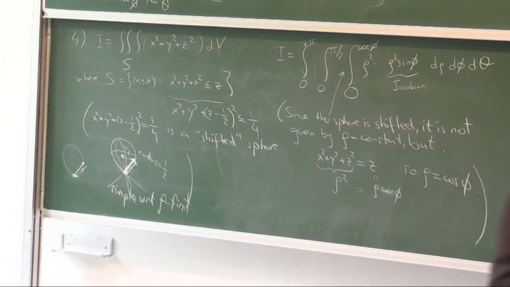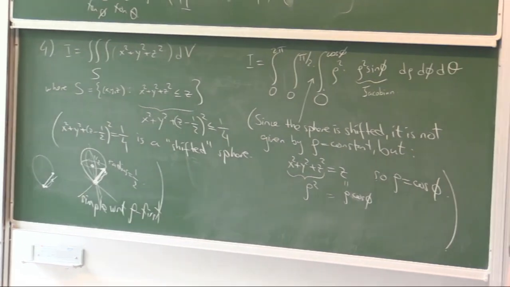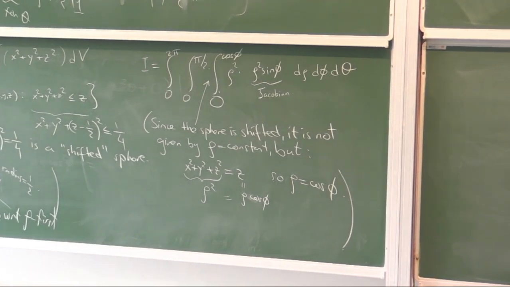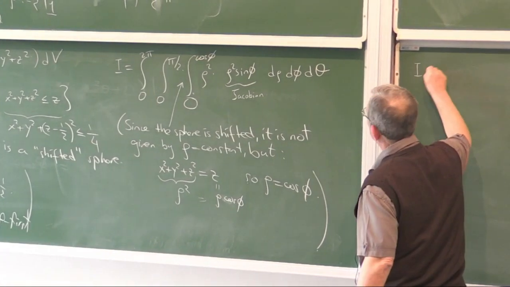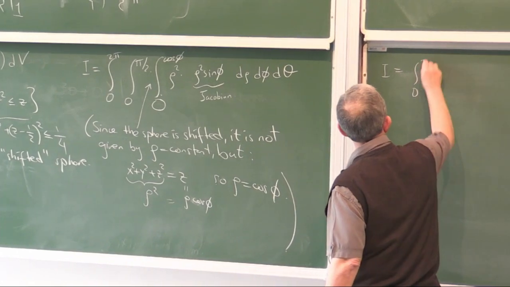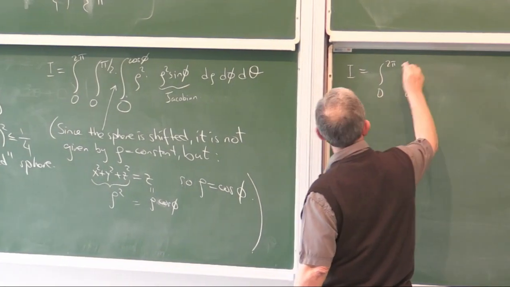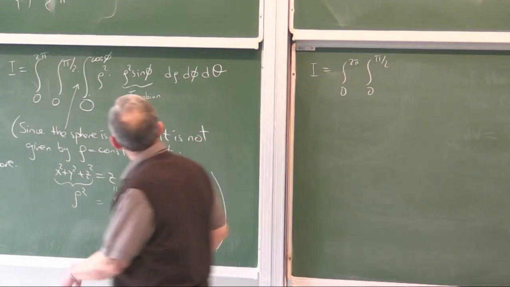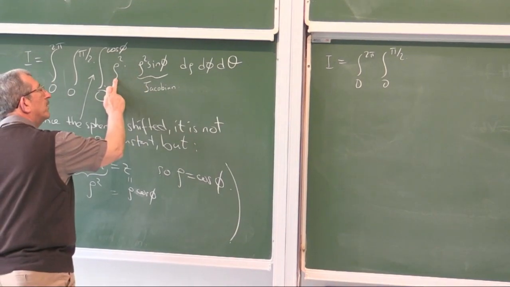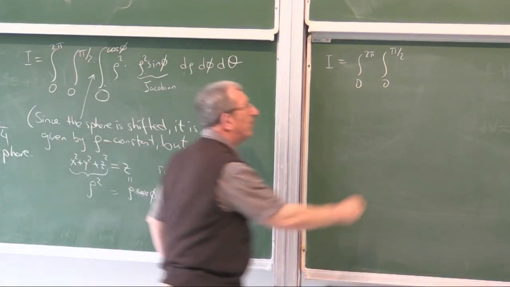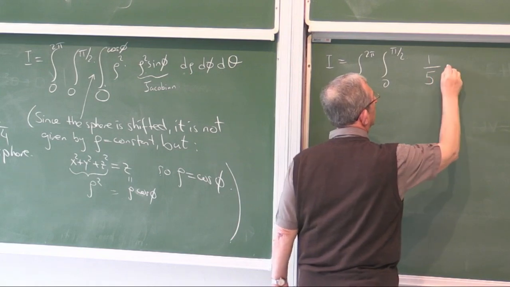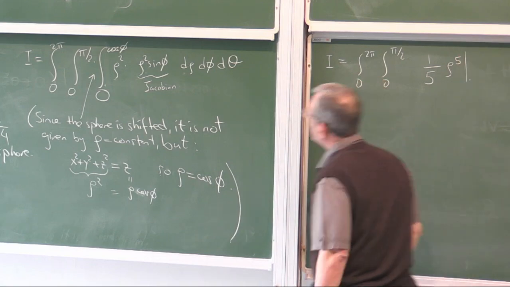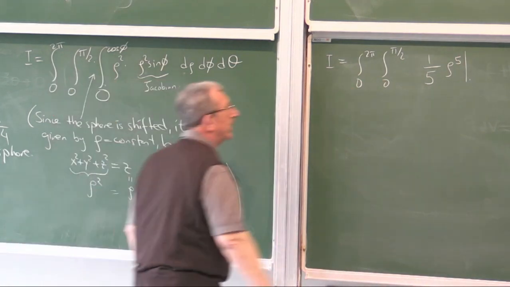Now the calculation part. So I becomes 0 to 2 pi, 0 to pi over 2. I can even proceed with the calculation. We have rho to the 4th. Integral would be rho to the 5th over 5. And rho changed from 0 to cosine phi.